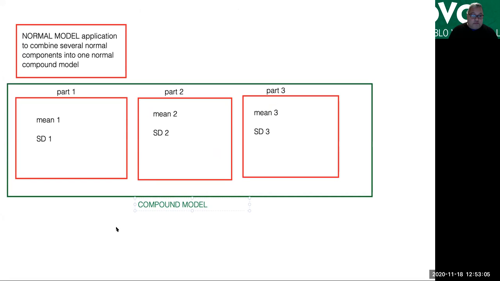The mean of the compound model is just either the sum or the difference of the parts. So you just take each mean and add it to the other mean, and that's how you calculate the mean for the compound.